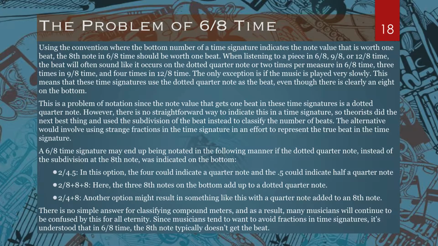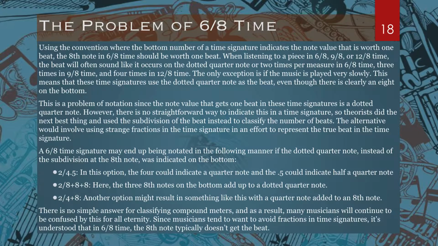Since there's no simple answer for classifying compound meters, theorists essentially decided, okay, we just understand that in 6/8 time, the eighth note typically doesn't get the beat. And then you can apply this logic to all the other compound time signatures. They are just interpreted differently than what the time signature could suggest. Now, you could still think of a 6/8 time signature as having 6 beats in the measure, and the eighth note is going to be worth a single beat.